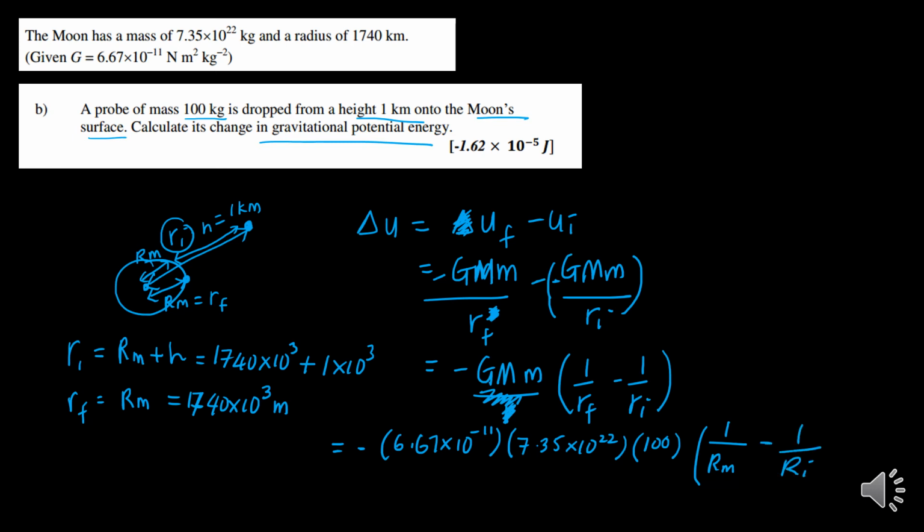When you calculate, you will get the answer negative 1.62 times 10 to the power of 5 joule. Power of 5 or power of negative 5? I think this is a wrong calculation, so you calculate back and check later. Alright, so next.